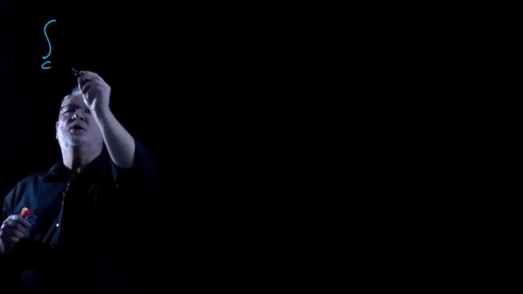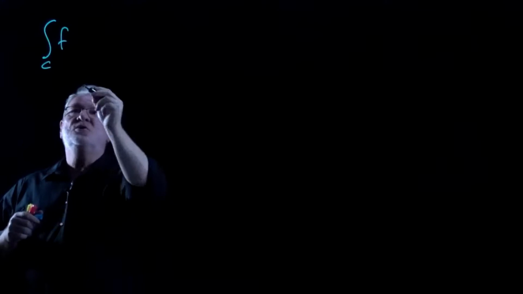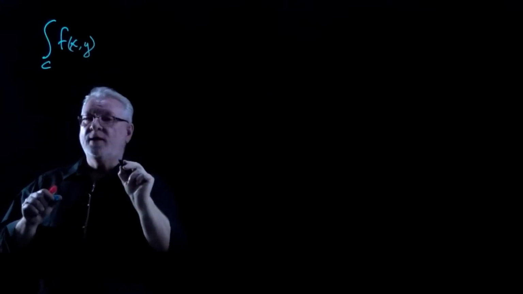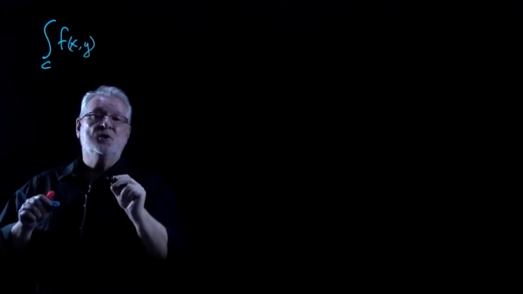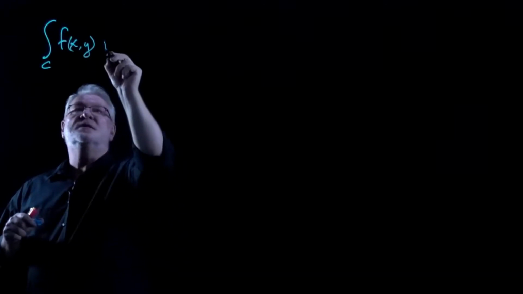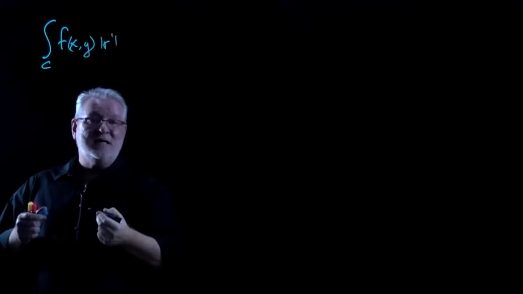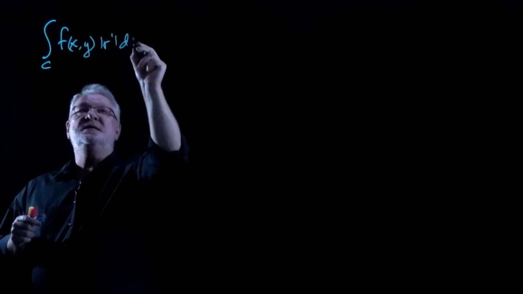To review, we looked at a line integral last time, which was an integral over some curve of some function in x and y, and then we wanted to multiply it by the curve length itself. And of course, that was the first derivative of the curve, that is the velocity of the curve, dt.